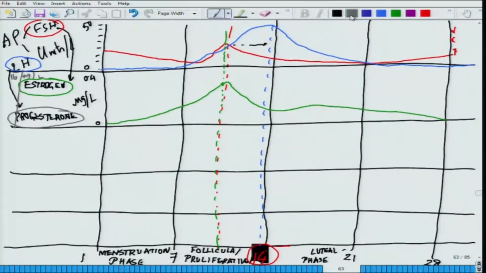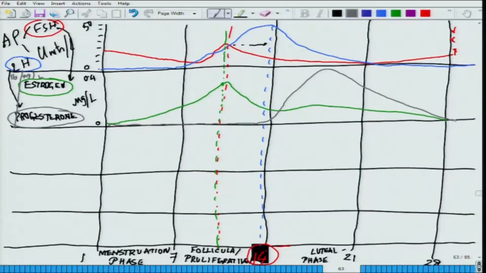Now, let us talk about the progesterone level. This is just like your LH, that remains fairly low out here, and it remains like that almost up to day 14, and then there is a rise in progesterone big time out here, and that continues, and then it goes down.